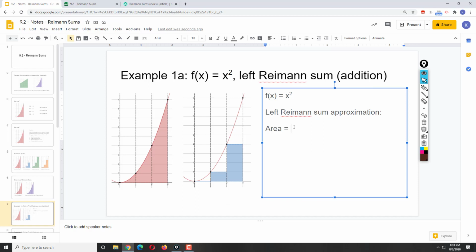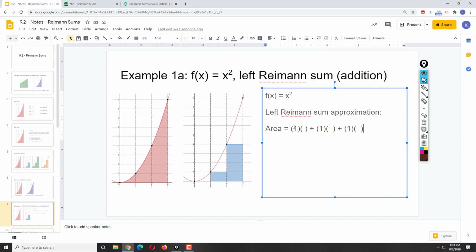Each rectangle has a length of 1, because from 0 to 1 is a length of 1, from 1 to 2 is a length of 1, and from 2 to 3 is a length of 1.